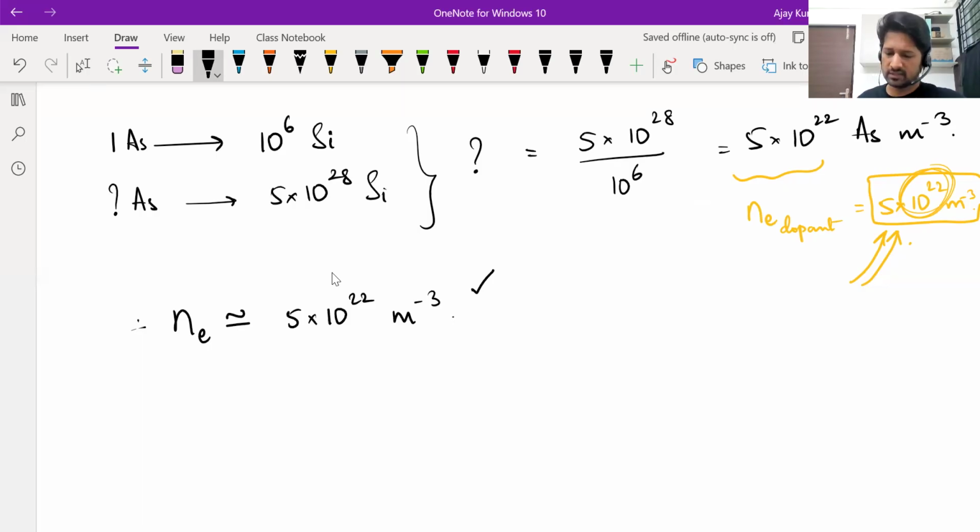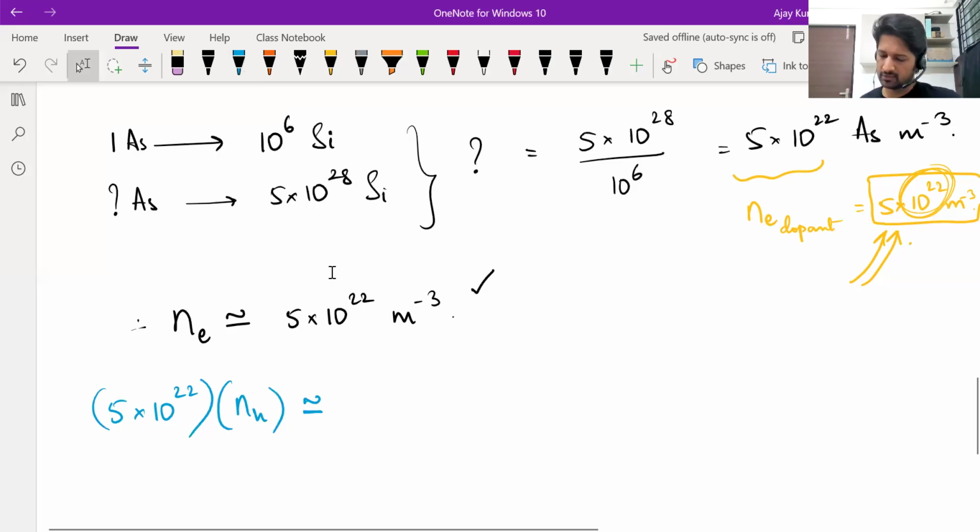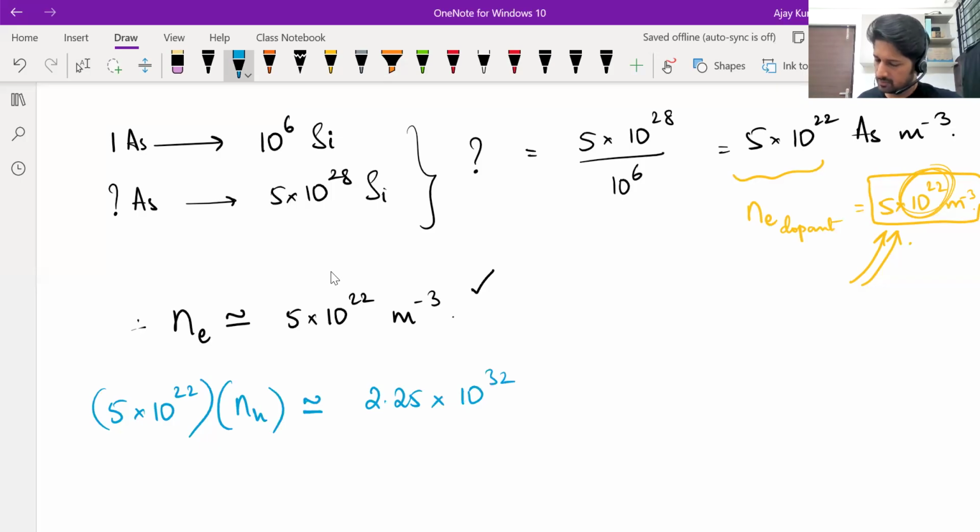Now we know NeNH is equal to Ni square. We got Ne as 5 into 10 power 22 per meter cube, multiplied with NH, which is still unknown, should be approximately equal to Ni square. Ni is 1.5 into 10 power 16. If you square it, 1.5 square is 2.25 into 10 power 16 square, which is 10 power 32.